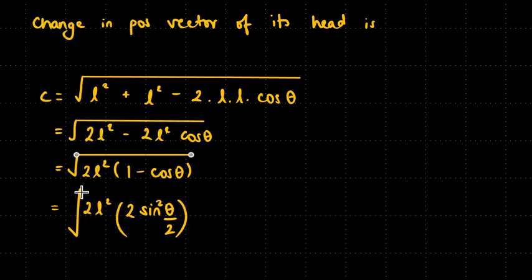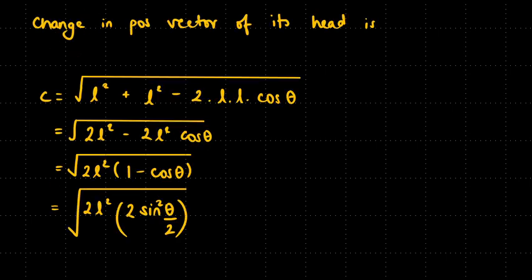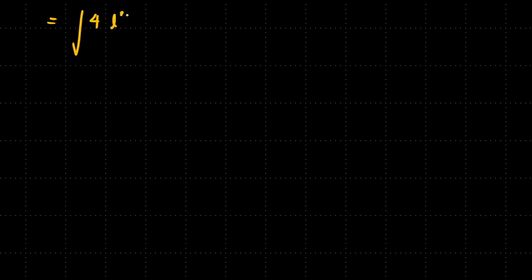If you do some quick math, it's going to be the square root of 4 L square sine square theta by 2, since 2 times 2 is 4, or let's write this as 2 square L square sine square theta by 2.